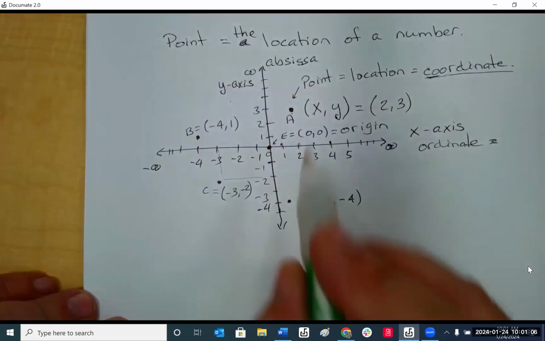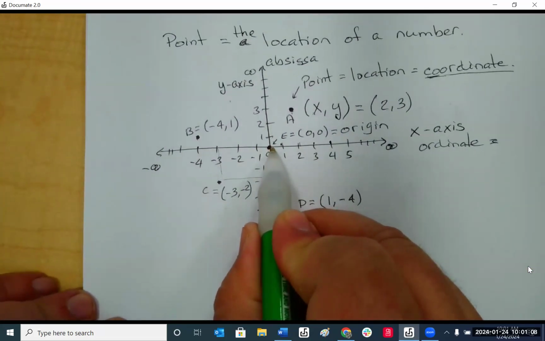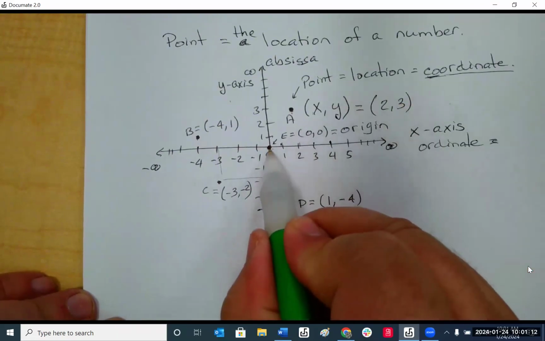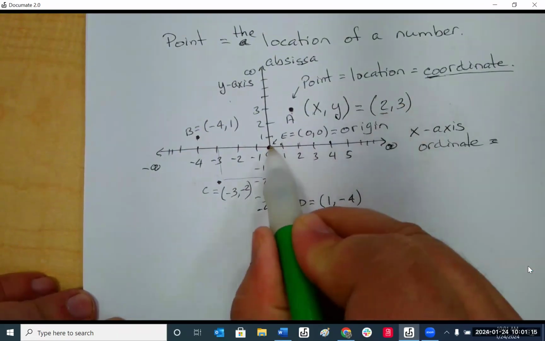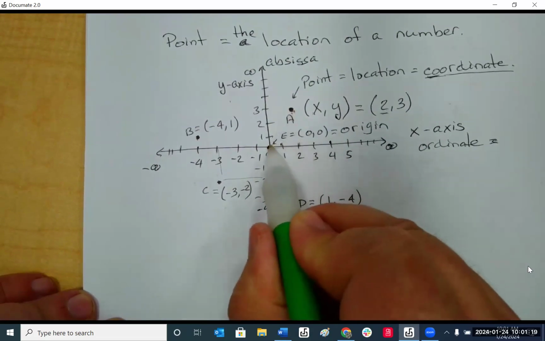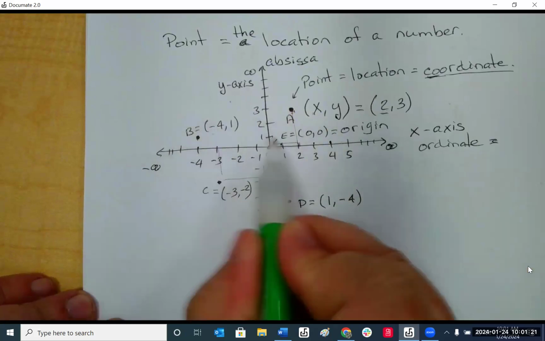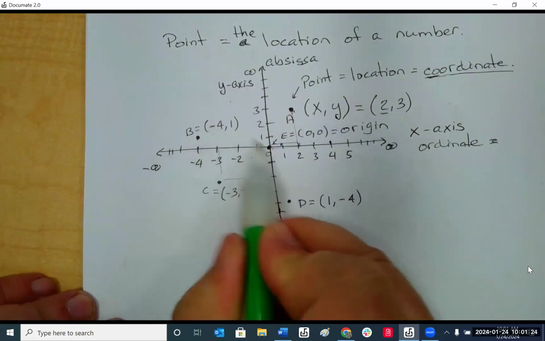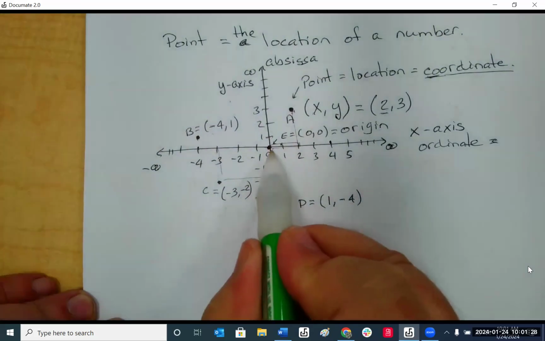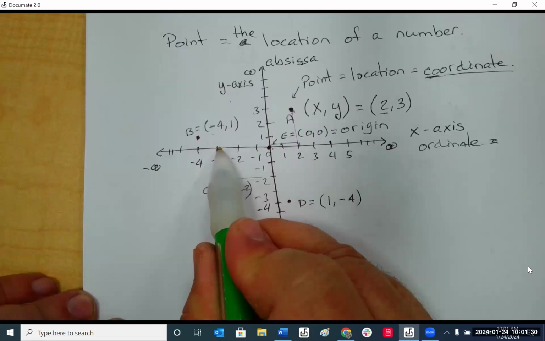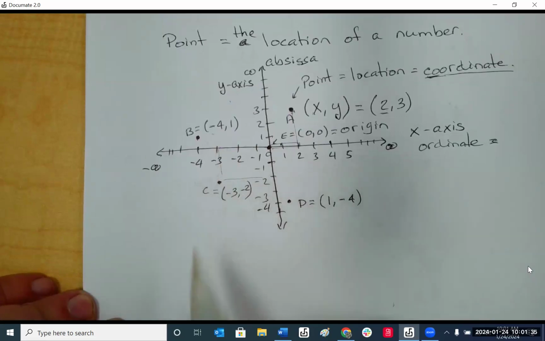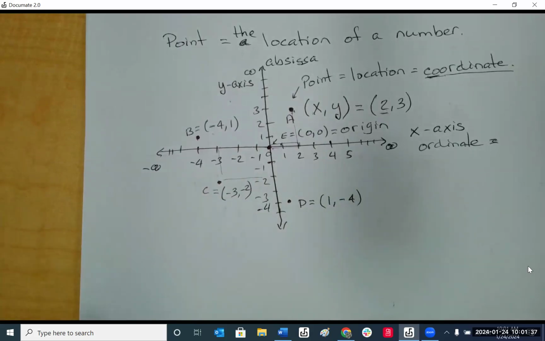Every one of these points begins at 0, 0. If I said go to the point 2, 3, you'd first go 2 on the x-axis, 2 positive, up 3. There's 2, there's 3. This one, from origin, go -4, negative is left, and up 1. Negative is left, -3, and negative is down, -2. So that's how we go to the points.